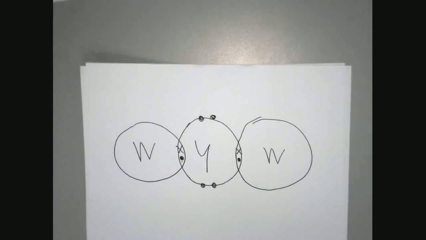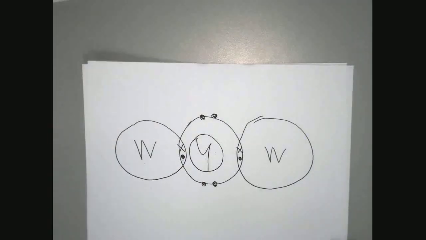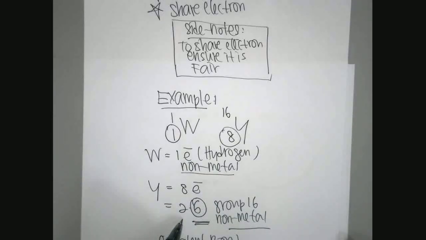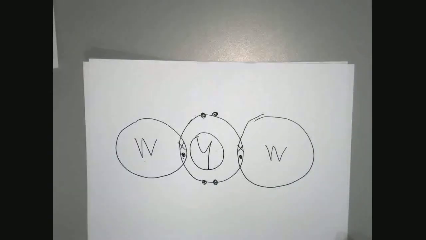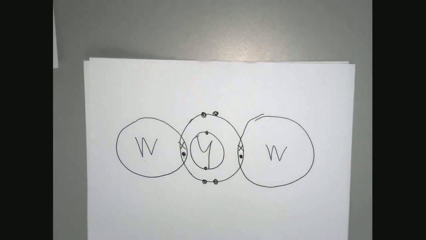We only drew 1 circle here, so we should draw another circle inside. This inner circle has 2 electrons, so we put the 2 here. So this is the final picture that we can draw.